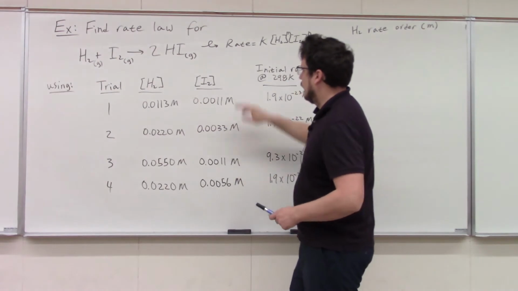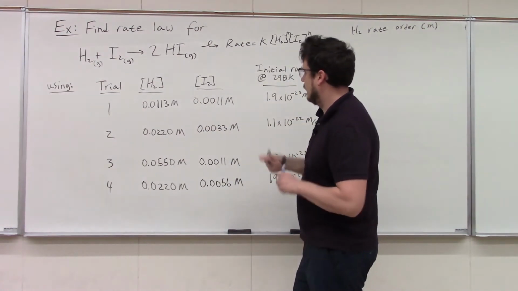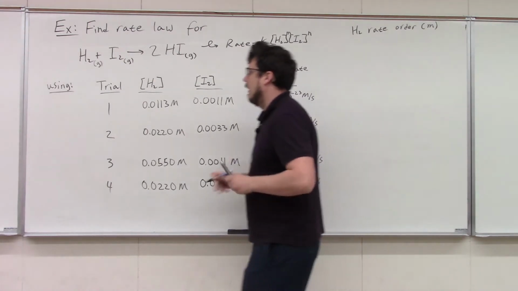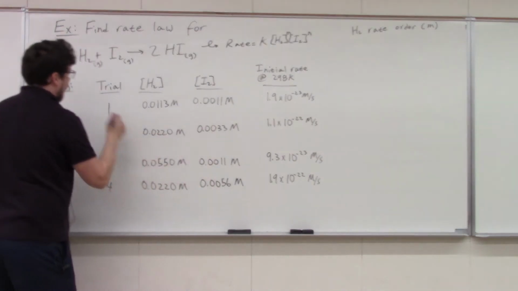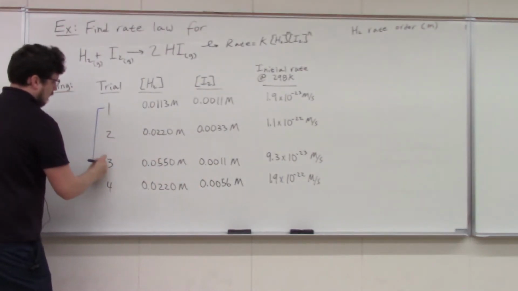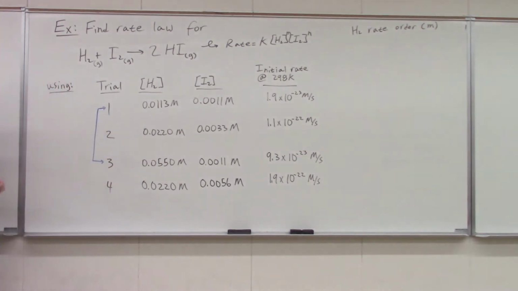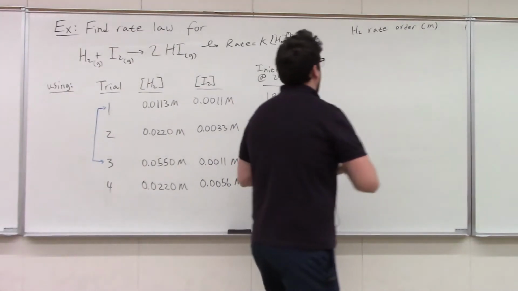All right, so I want to find two data points where I2 remains unchanged. And that looks like, oops, wrong color, sorry. It looks like I want to pair trial 1 and trial 3. And then H2 changes. So we'll make a little note here, to make sure this is clear.